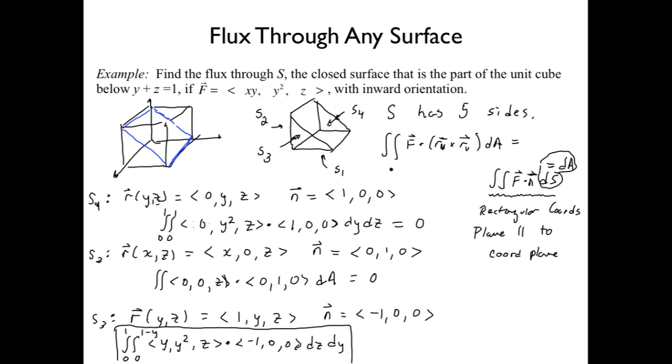Let me stop and see if anyone has a question. So we're doing these individual surface integrals kind of rapid fire, using this to our advantage. Now the slanted plane, we don't want to use this, because it's not parallel to a coordinate plane, so we're going back to our general form.